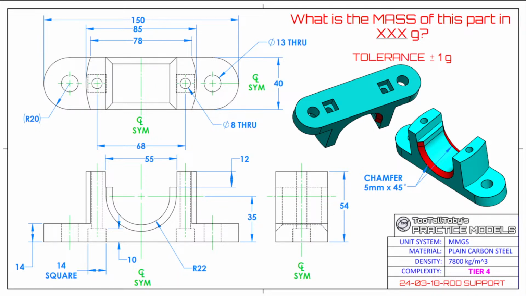Grab a screen capture of this part. This part is called rod support, and this part is MMGS plain carbon steel, 7,800 kilograms per cubic meter. And what is the mass of this part in XXX grams? XXX grams. So good luck to everybody. Kind of a fun part. We've seen this one before.